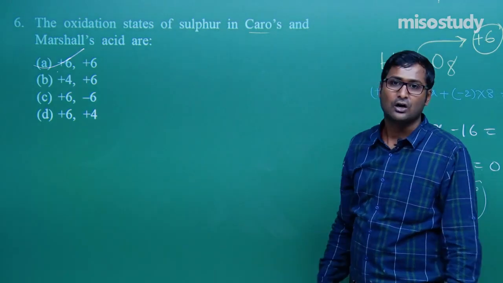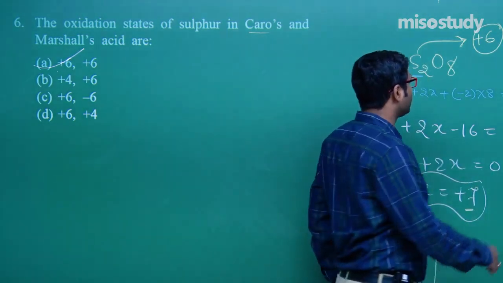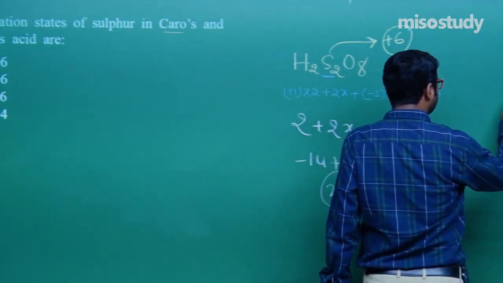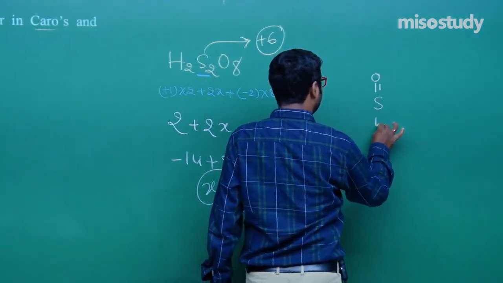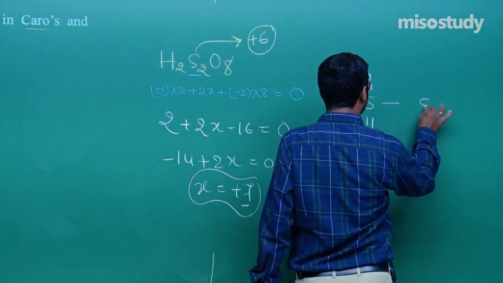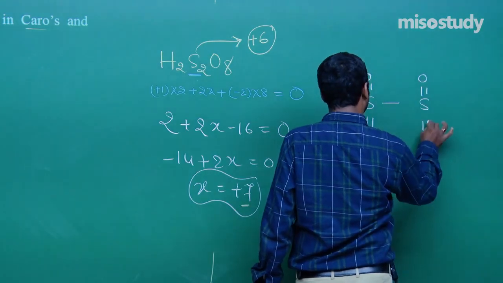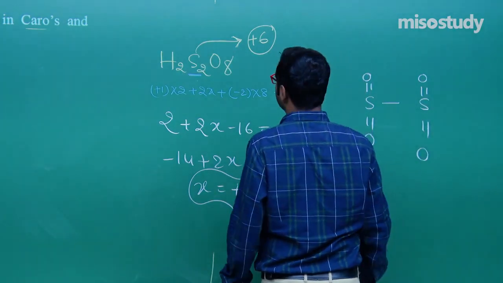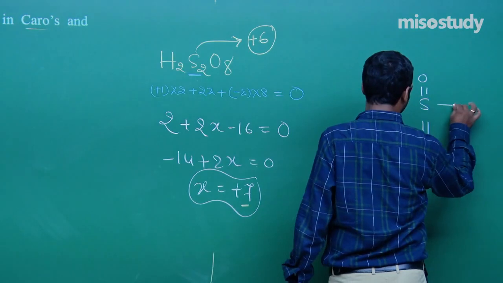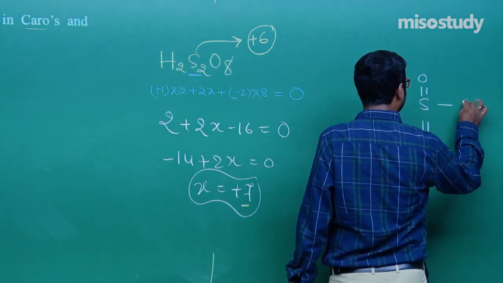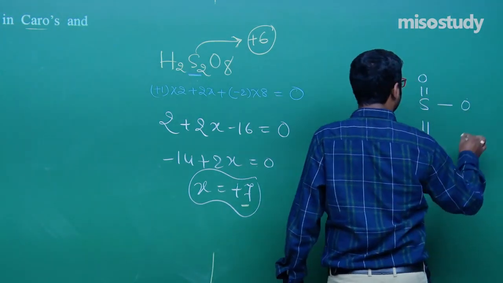Am I right or wrong? You can easily draw the structure also like this. H2S2O8, then O, clear to you?